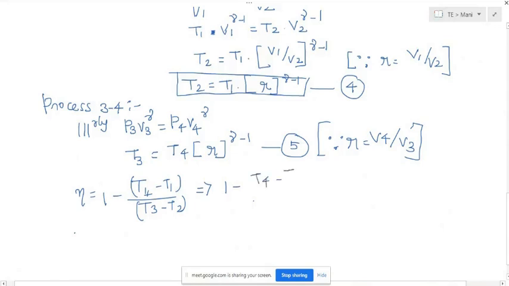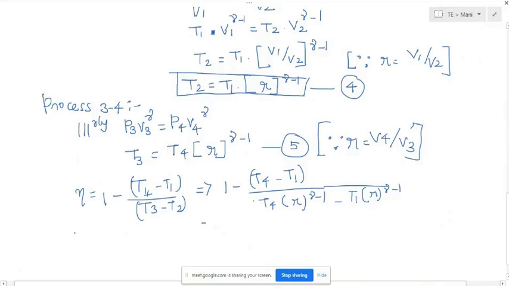Instead of T1, there is no need to change; you can keep the same thing. Instead of T3, we can use T4 into r power gamma minus 1, and instead of T2, you can use, from equation number 4, T1 into r power gamma minus 1, right?